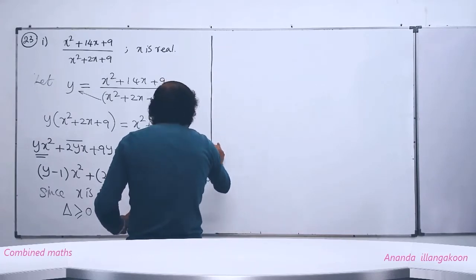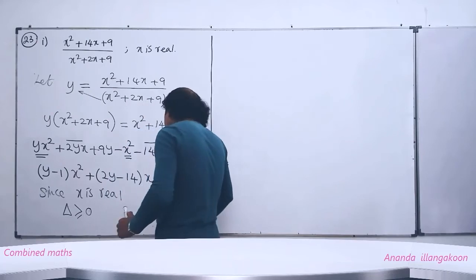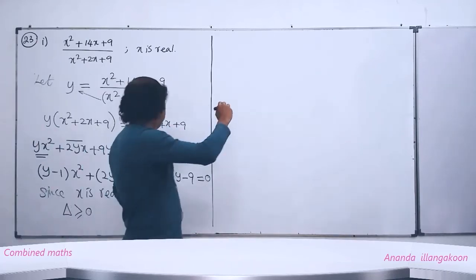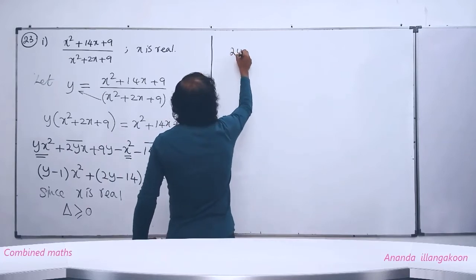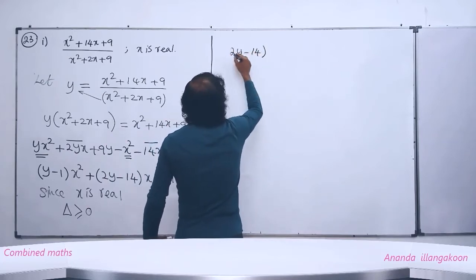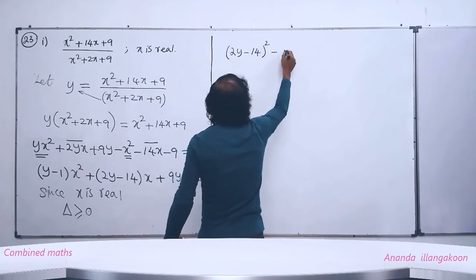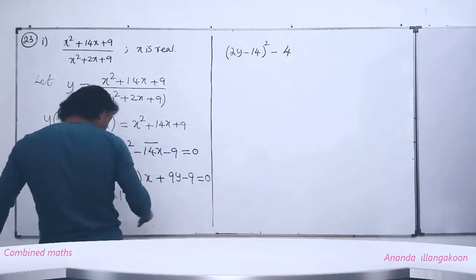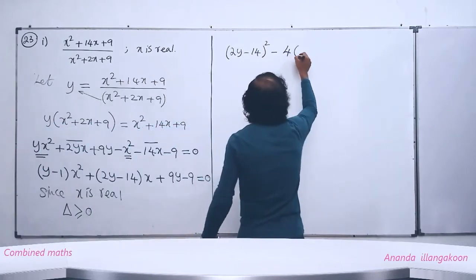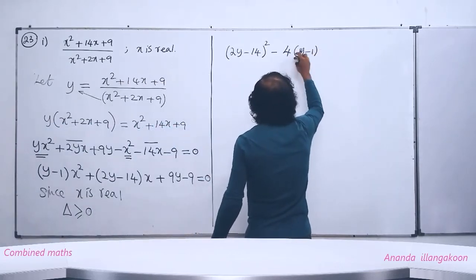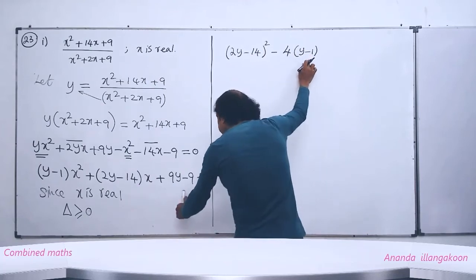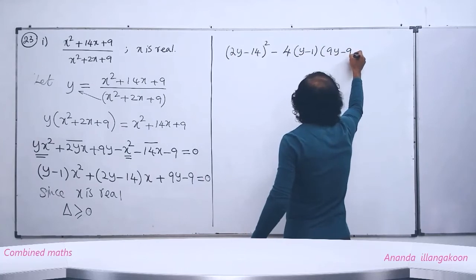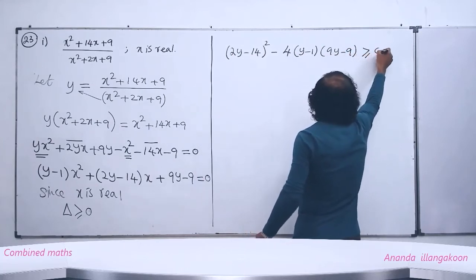People, what is delta? B squared. B means the x coefficient: 2y minus 14, perfect square. This is the b squared. Minus 4 times a, which is this y minus 1, times c, this 9y minus 9, greater than or equal to 0.